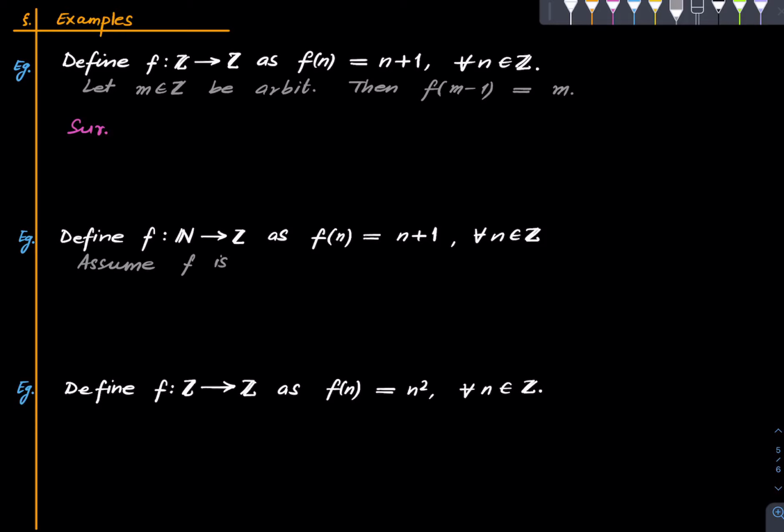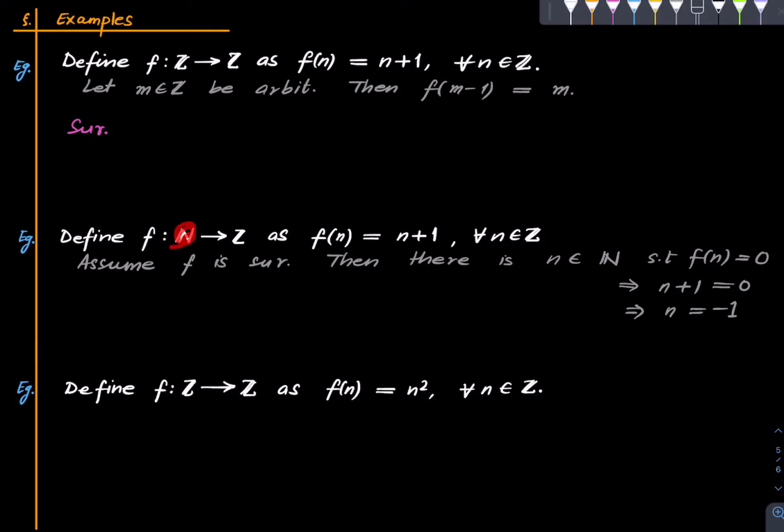Assume f is surjective, then there exists n in the domain such that its image is 0, because 0 is in the target, which implies n plus 1 is 0, which implies n equals minus 1, but minus 1 is not in the domain, right? Minus 1 is not in the set of natural numbers, so that's a contradiction that we just arrived at, and hence the function f is not surjective.